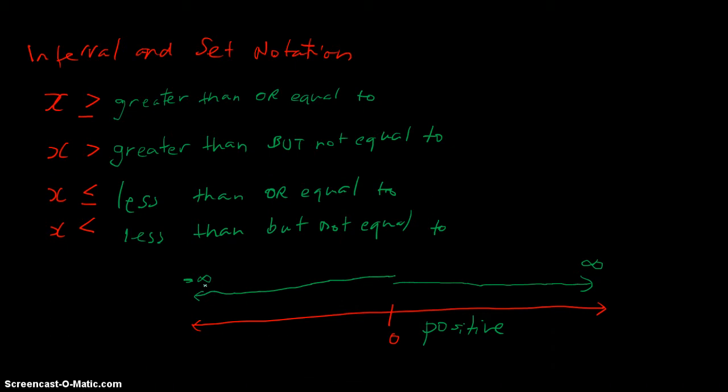The reason we say it's negative infinity is because it is so small on the negative side. Now that we've got this definition of what negative infinity and infinity are, let's go into interval and set notation.